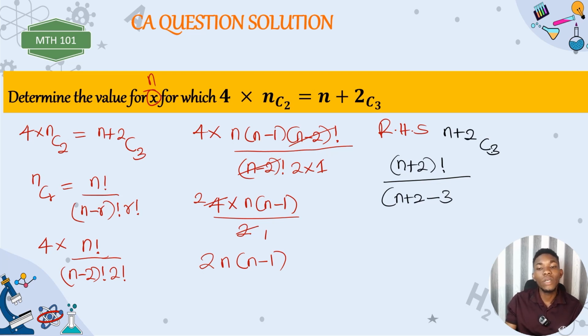In this case, our r is 3 and our n is n plus 2. All factorial, then r factorial, which is 3 factorial.